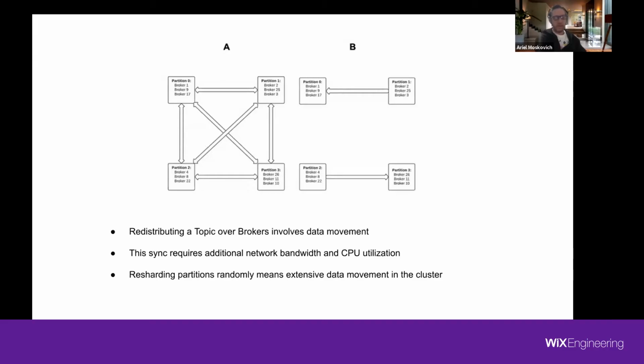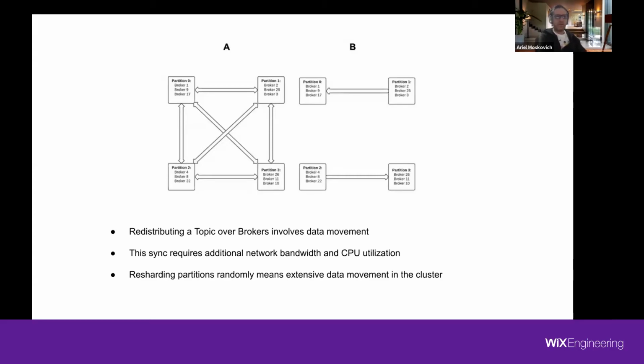The problem with that is it will also cause a lot of data movement in the cluster, because then we need to start moving data from any broker to any broker.